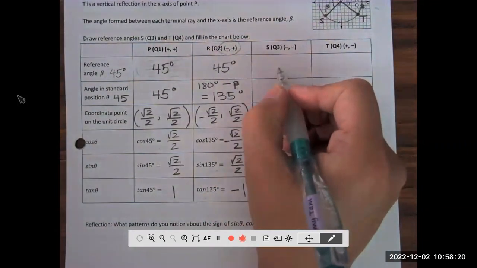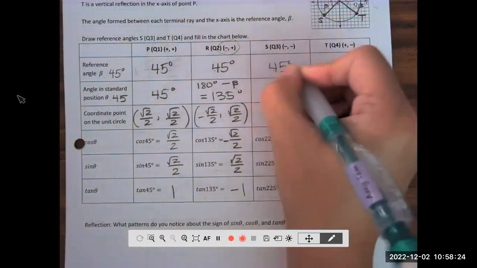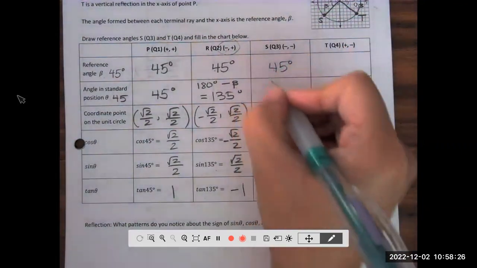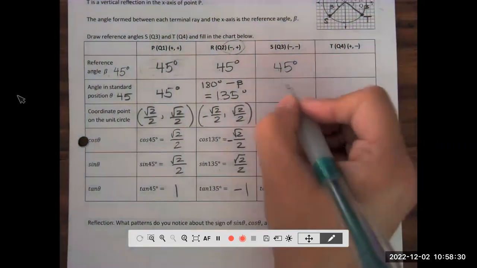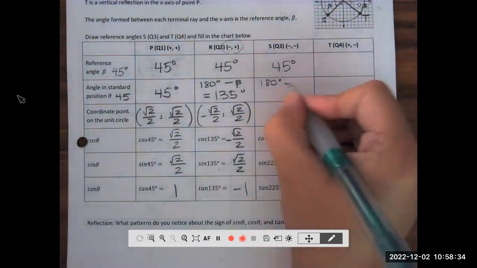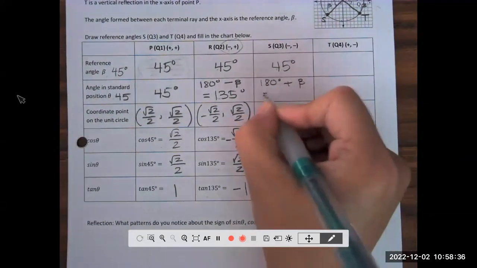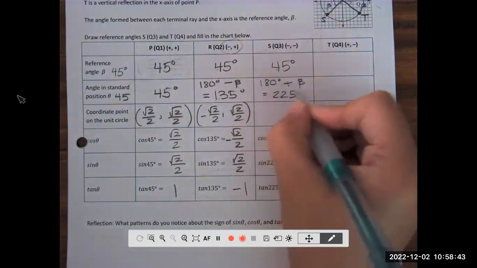Okay, quadrant number 3, S is going to be 45 beta angle. How am I going to calculate theta? It's going to be 180 degrees what? Plus, good. Plus beta, which is what? Say louder. 225 degrees.